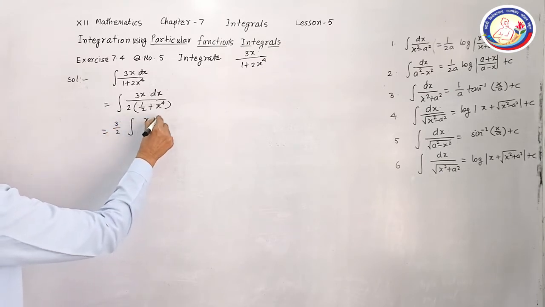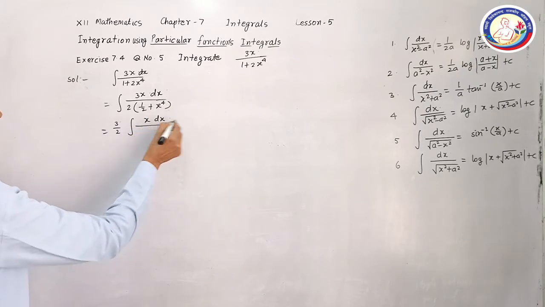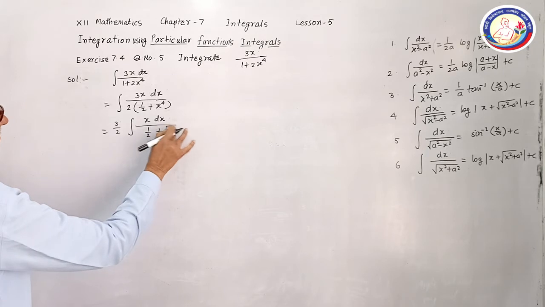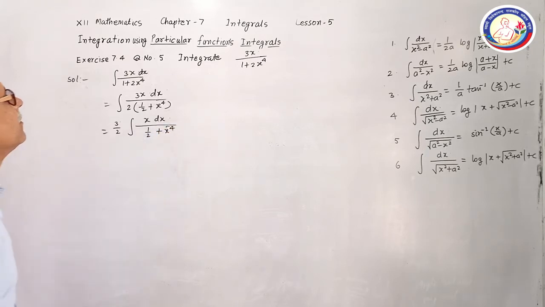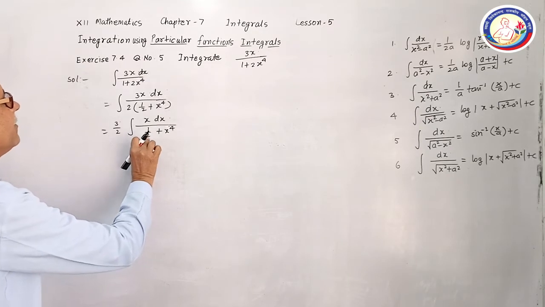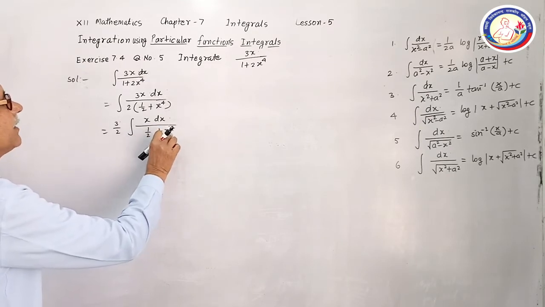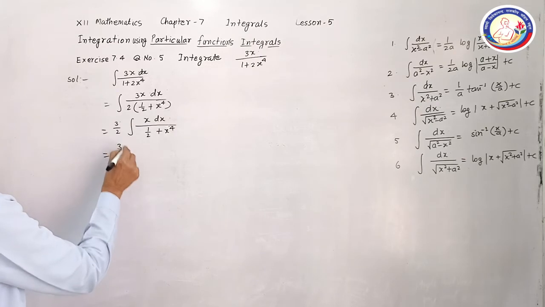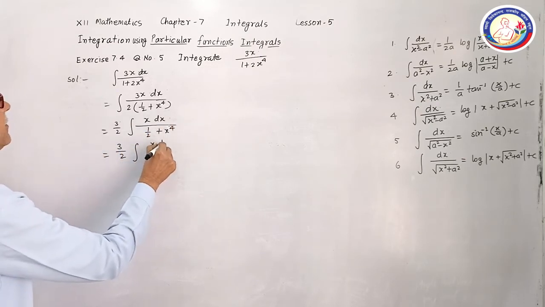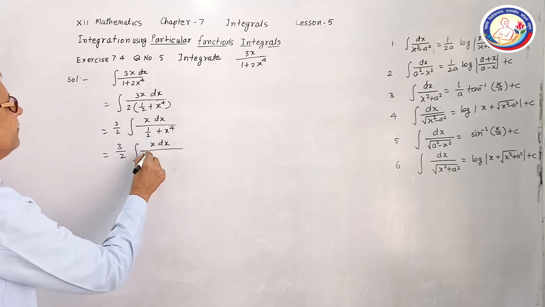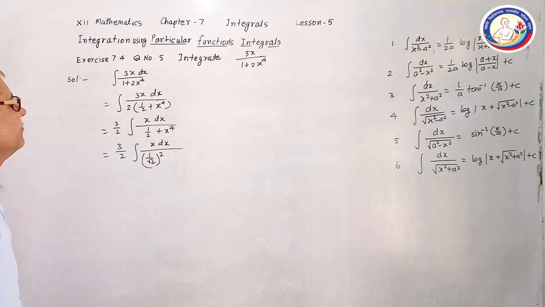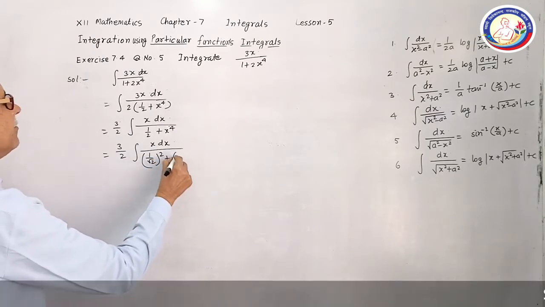Integration of x dx upon 1 by 2 plus x raised to power 4. In terms of square, we write it as 1 by square root 2 whole square, and x square whole square. So change the form. We will get x dx here, and square of 1 by square root 2 plus square of x square.